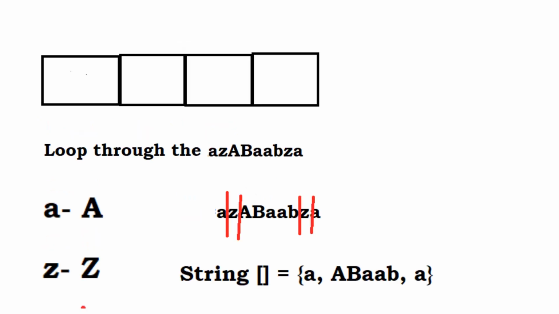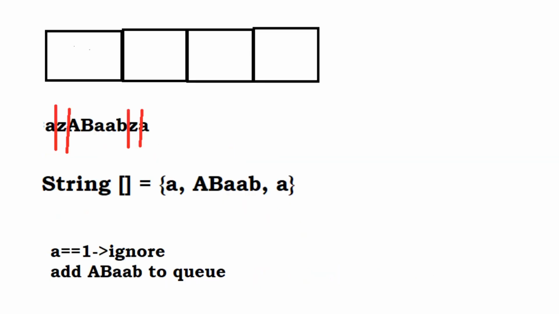You get an array of substrings: the first string in the array is A, the second one is ABAAB, and the third one is A. What we are going to do next is go through each string in the array, and if its length is greater than 1, we add it to the queue.